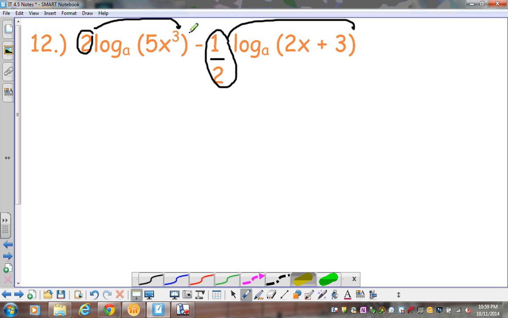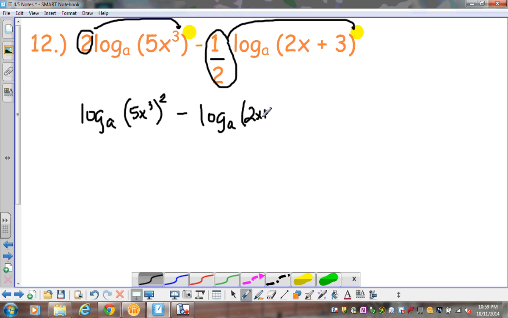So let's rewrite it: log base A of 5x cubed, and this 2 now becomes the exponent out here, so that becomes squared, minus log base A of 2x plus 3, and the 1/2 becomes the exponent right up here. The two exponents are now my 2 and my 1/2. Those got moved from the front to become exponents.